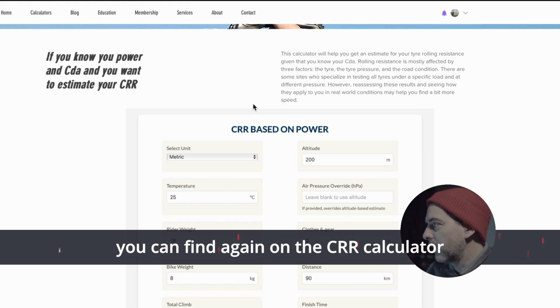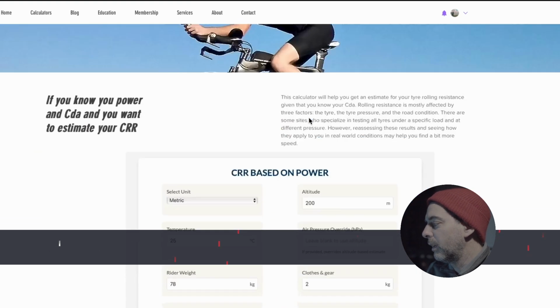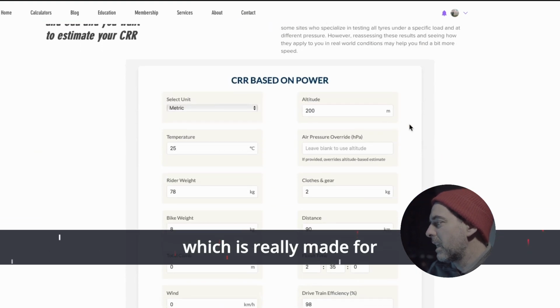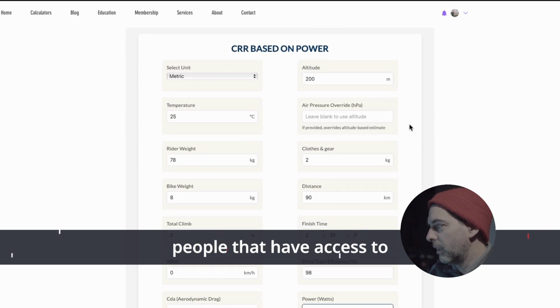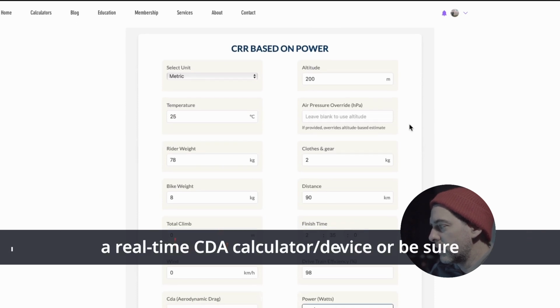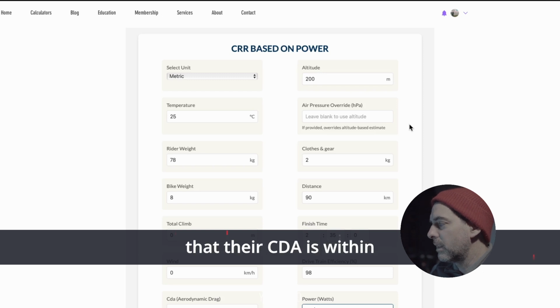An example that you can find again on the CR calculator, which is really made for people that have access to a real-time CDA calculator, or are sure that their CDA is within a small margin.